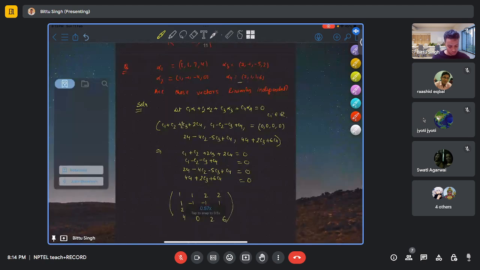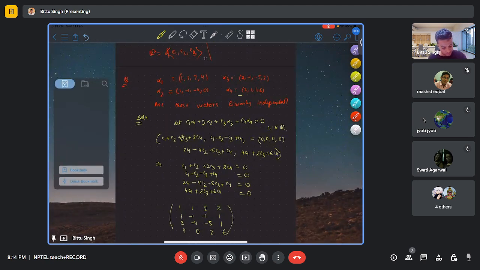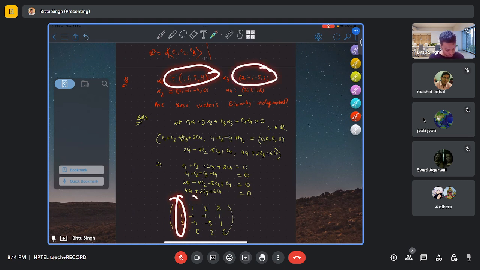You can see that the entries 1 1 2 4 are the first column, 2 -1 -5 2 is the third, and similarly the fourth is the fourth column.